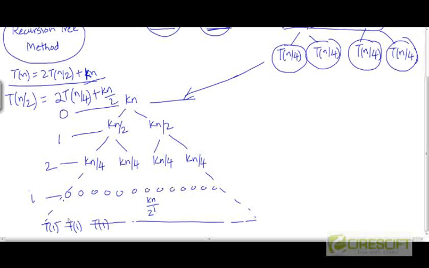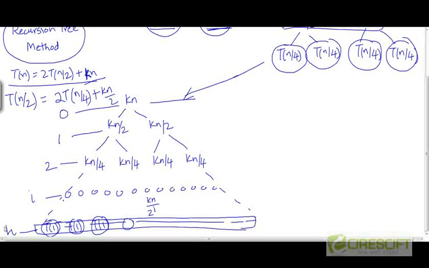And this will continue until at the very final level, our values are going to be T of 1, of course. And how many such leaves will be there in the very last level? Well, that depends on what the height of this tree is.